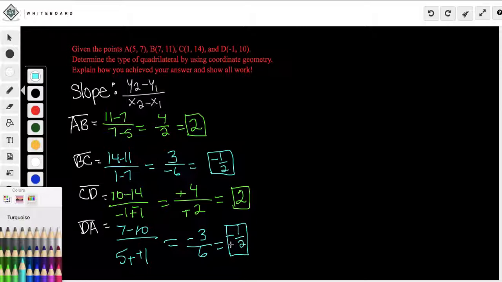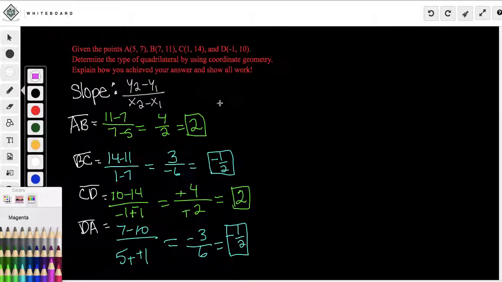So as you can see, we're just going to look at our slopes for a second and compare them. And we see that 2 and negative 1/2 are indeed opposite reciprocals. Whenever you have opposite reciprocals, that means that you have perpendicular lines.